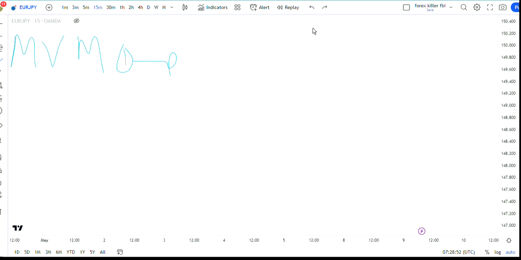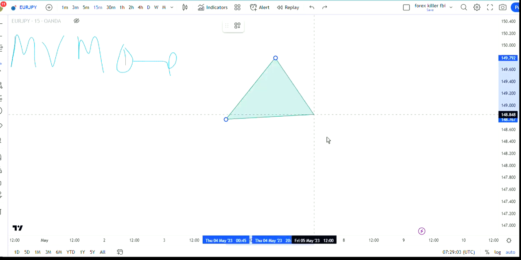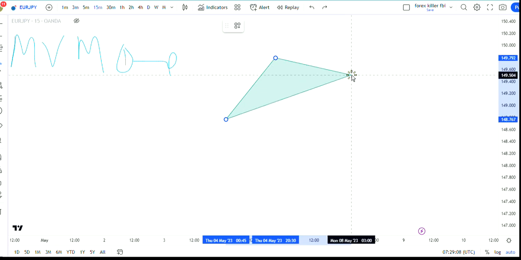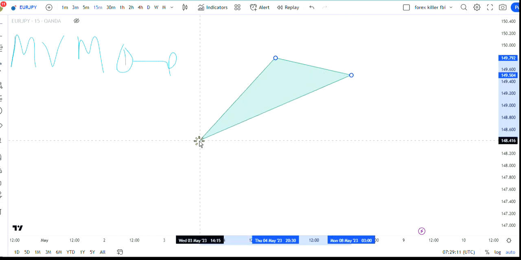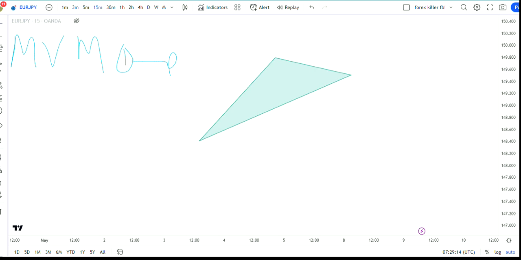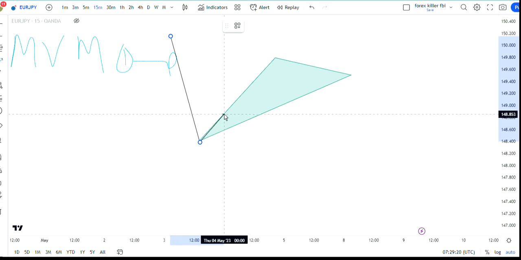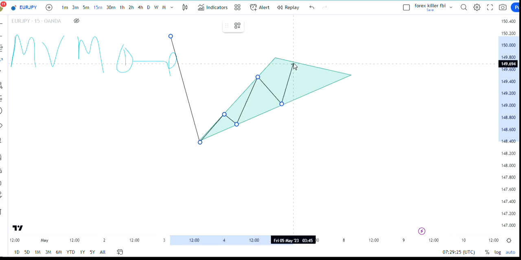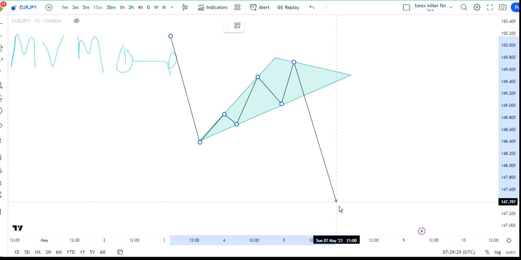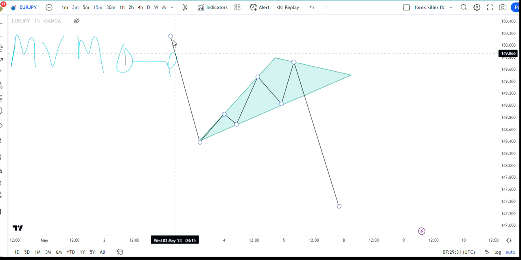And if you have a triangle, we'll be having this structure here. As you can see, maybe the market comes from this side and falls in this direction.